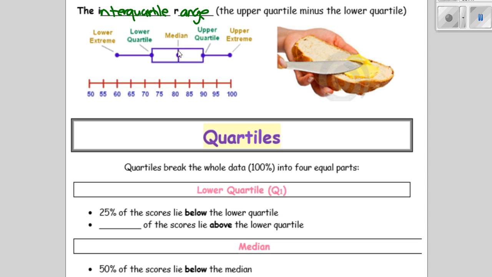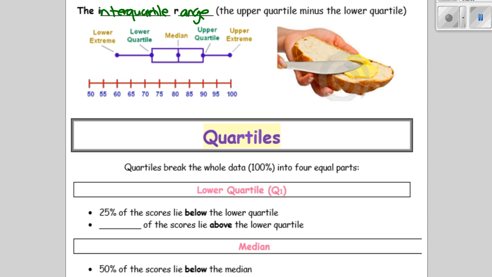The halfway point was at about 80, so the next quarter down got between 80 and 90. The next 25% of students down got between 73 and 83, whatever. And the bottom 25% of students scored between 60 and 73. So it breaks the data into quarters.